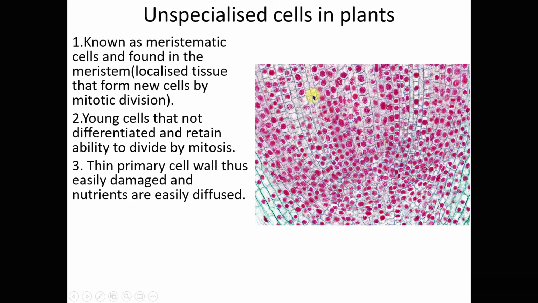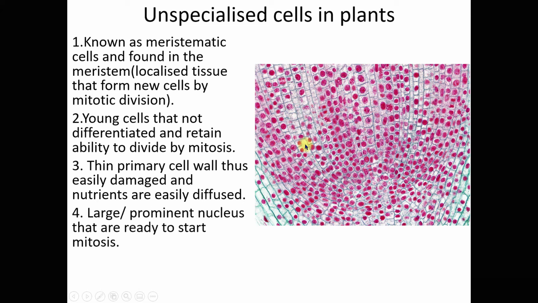Since these meristematic cells are very young and not yet differentiated, if you look at this diagram, they have a very thin primary cell wall. Since the primary cell wall is very thin, these meristematic cells are easily damaged and nutrients are easily diffused either out of or into the cells.